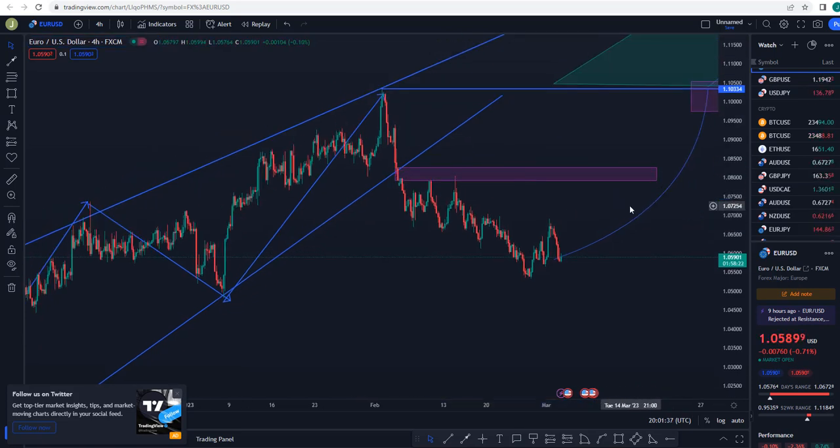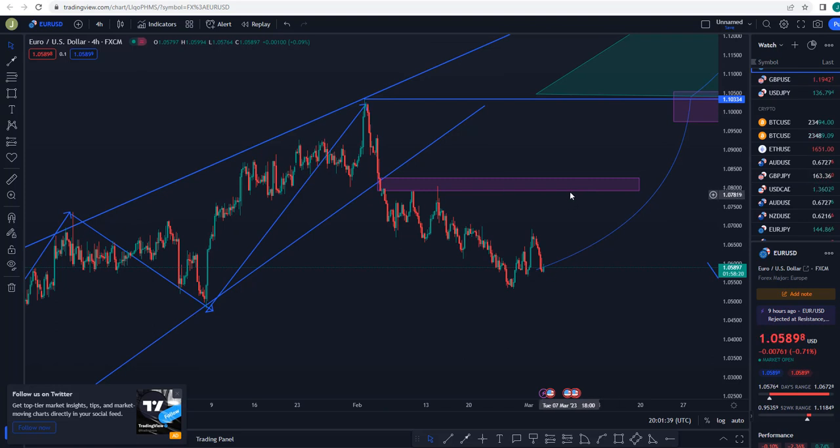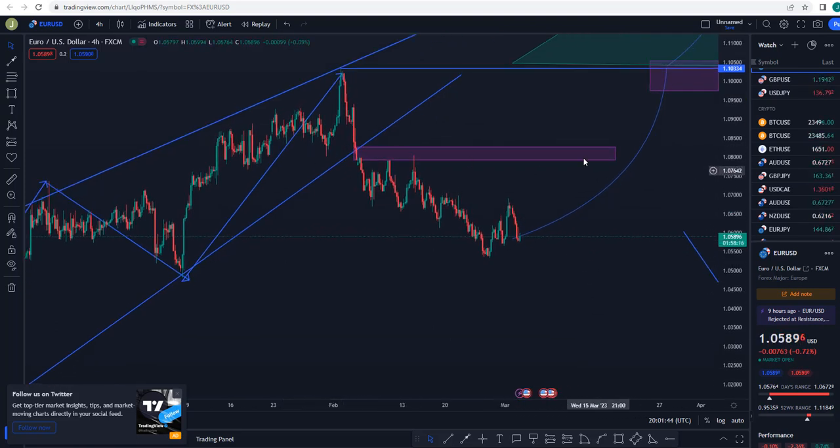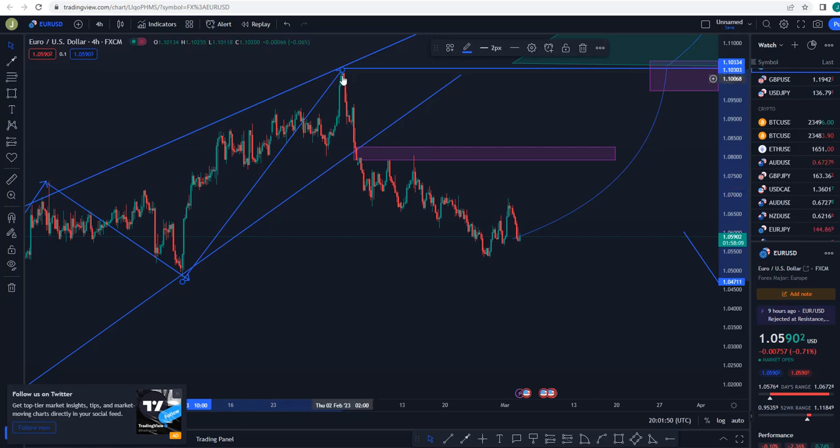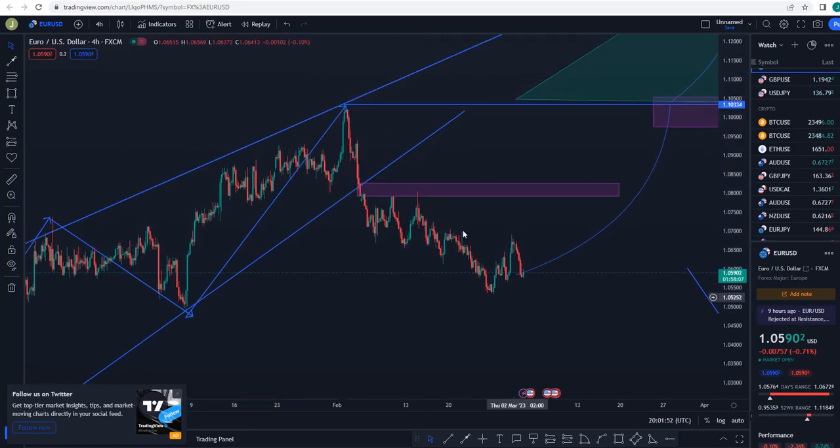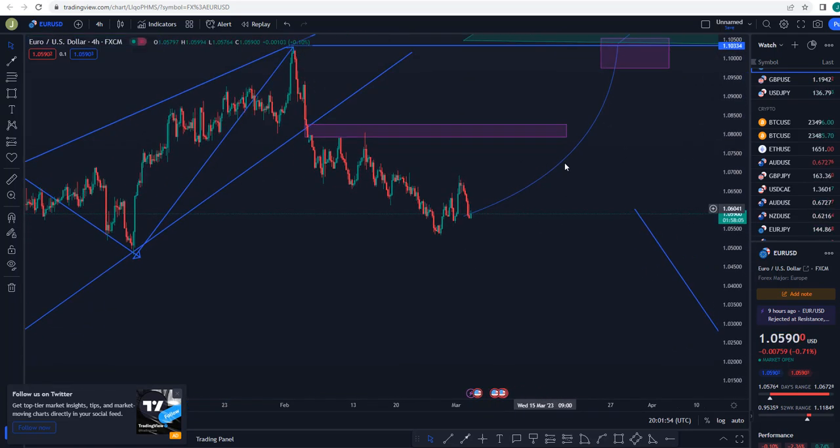So if you look at it, price may return back to this before it descends massively, or it can just return back to here. This is the higher high. That's from the higher high here, then before it sells.